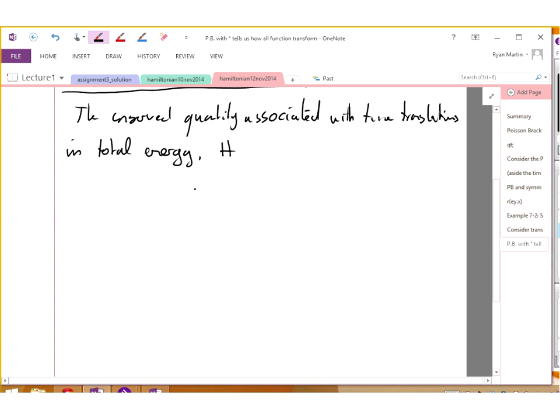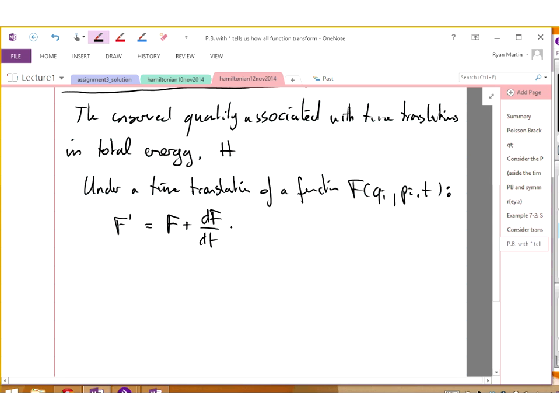So under a time translation of a function f of the qi, pi's, and t's, f prime is equal to f plus df by dt times delta t.